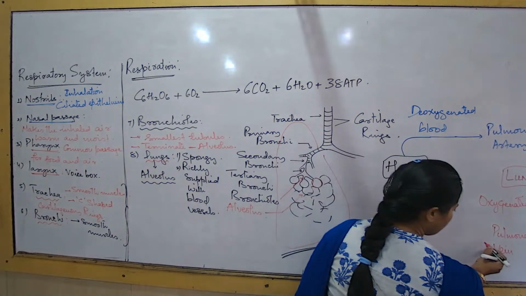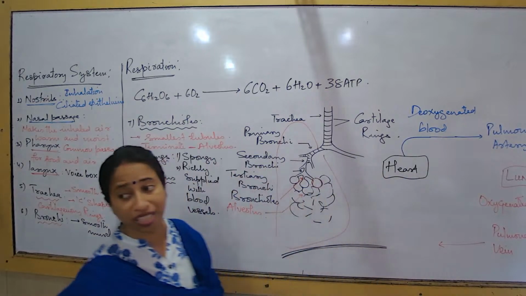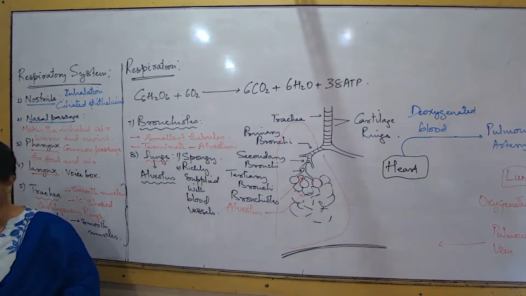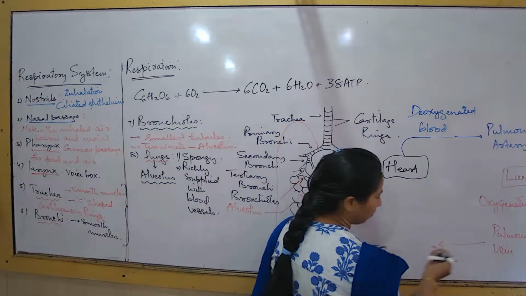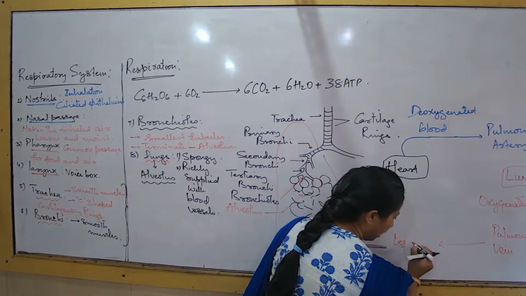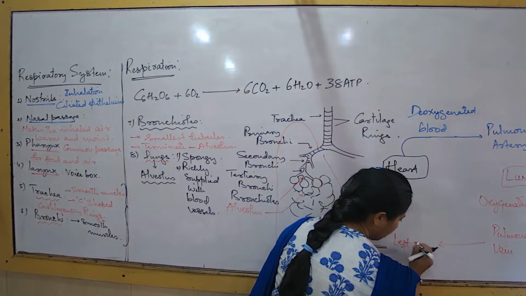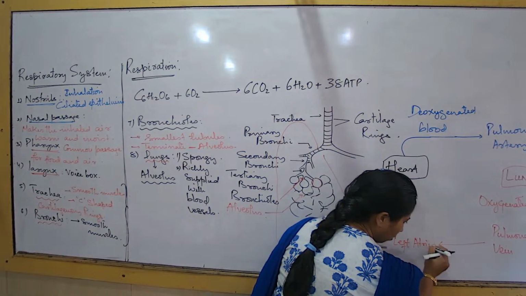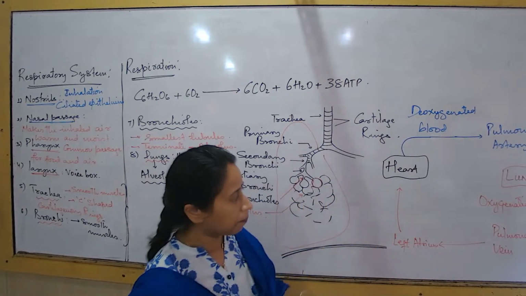From the way of the pulmonary vein, what is the type of the blood carried? Oxygenated, pure blood. And this pure blood will now enter into the left chamber of the heart. We mentioned that as the left atrium right now, and the left atrium is actually a part of the heart again.